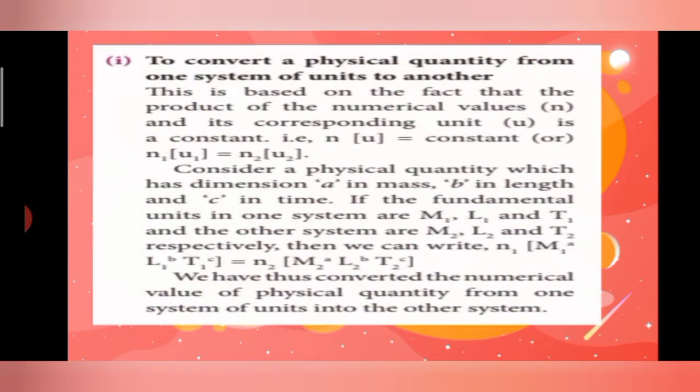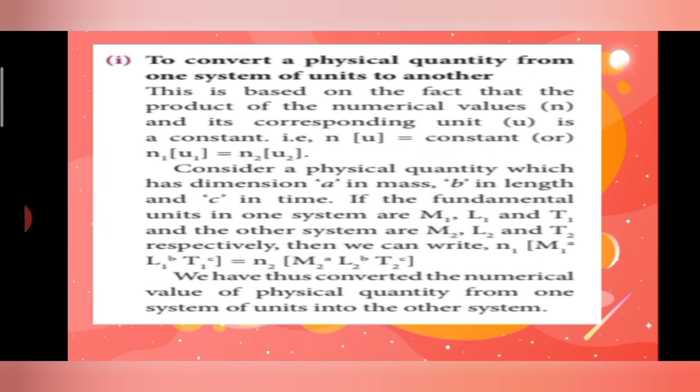First, to convert a physical quantity from one system of units to another. This is based on the fact that the product of the numerical value n and its corresponding unit u is a constant. So n u is equal to a constant, or n1 u1 = n2 u2. Consider a physical quantity which has dimension a in mass, b in length, c in time.